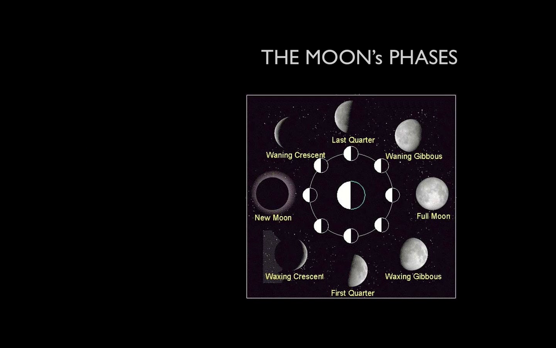The names of each phase are represented in this diagram here. If we start at new moon and move, remember, counterclockwise, we see that the moon's phase increases or waxes to a thin waxing crescent before going on to a first quarter where half of it is illuminated as seen from Earth, to a waxing gibbous where it's somewhere in between first quarter and full moon, and then full moon where the whole face as seen from the Earth is illuminated.